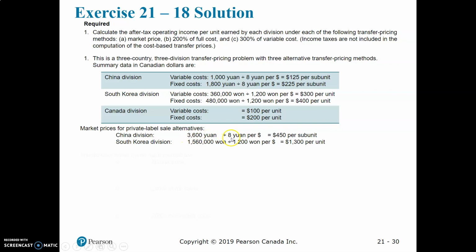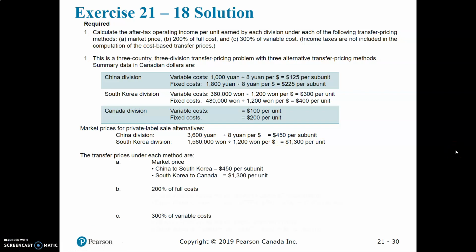Divide that by the exchange rate of 8 yuan to give us the Canadian equivalent of $450 per subunit. The South Korean division also sells the parts to a third party for 1.56 million won. Divide that by the exchange rate of 1,200 won, which gives us $1,300 per unit.